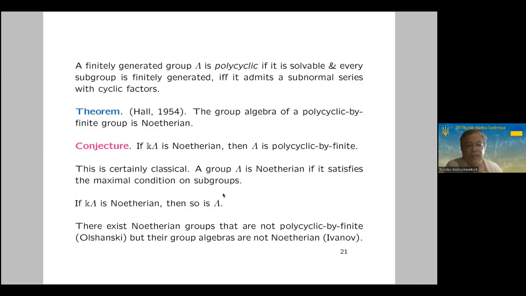And there is a classical conjecture that if a group algebra is Noetherian, then lambda should be polycyclic by finite. If K lambda is Noetherian, then the group is Noetherian, meaning that it satisfies the maximal condition on subgroups. But there exist Noetherian groups that are not polycyclic by finite. However, their group algebras are not Noetherian.